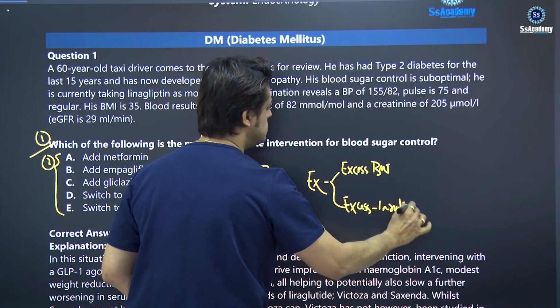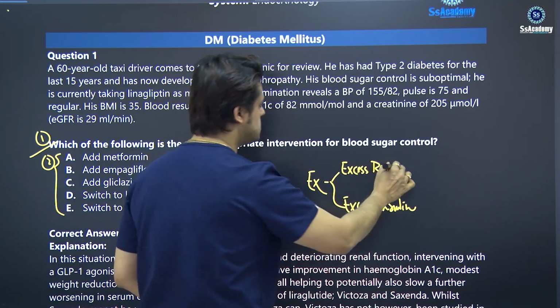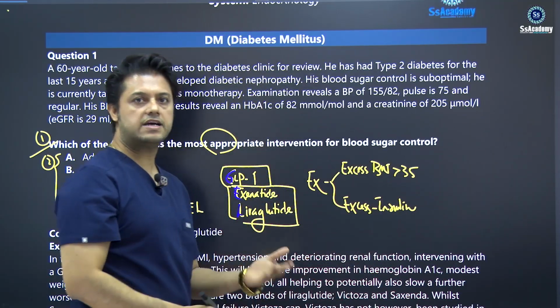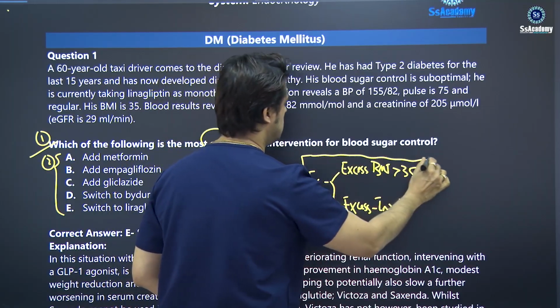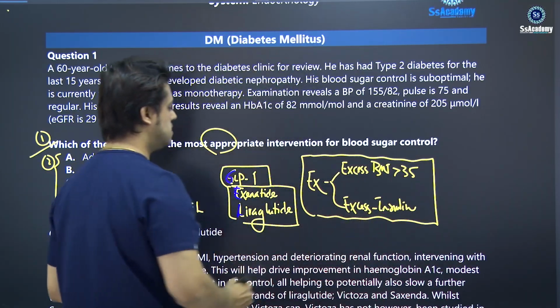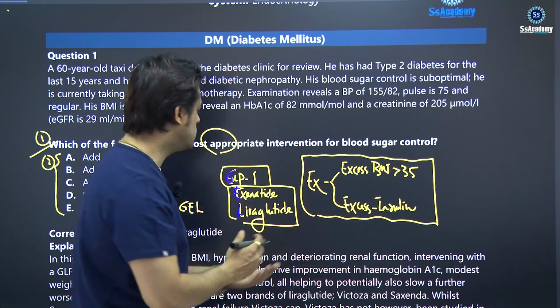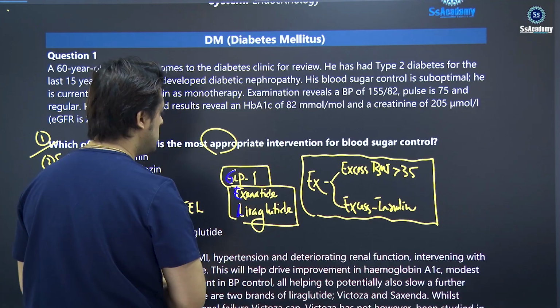So the indications of exenatide are when the excess BMI is more than 35 and when there is a need of excess insulin. So this is a very good drug, the exenatide or liraglutide, and sometimes the new drug is semaglutide. So these are the glutide group of drugs so that you can remember for the excess BMI and also excess insulin.